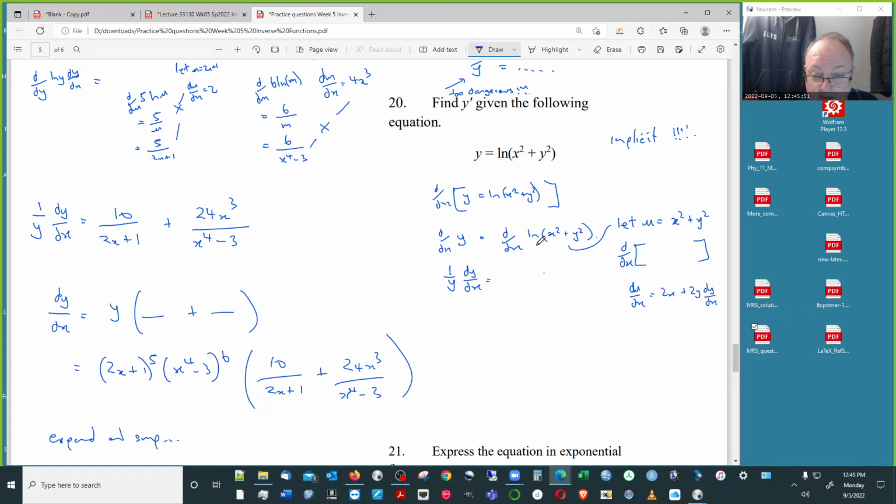The other part is the ln of u, which is 1 over u. So this product together will get 2x plus 2y dy dx over x squared plus y squared.